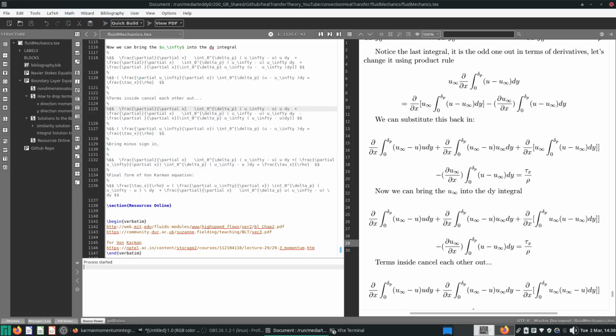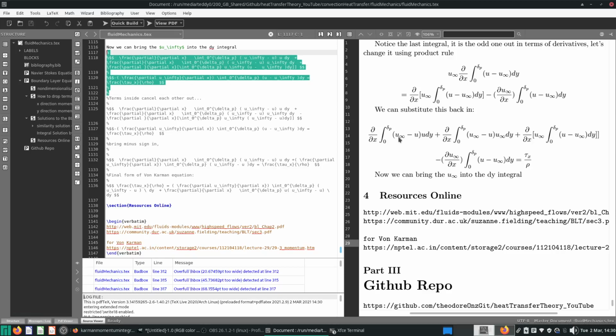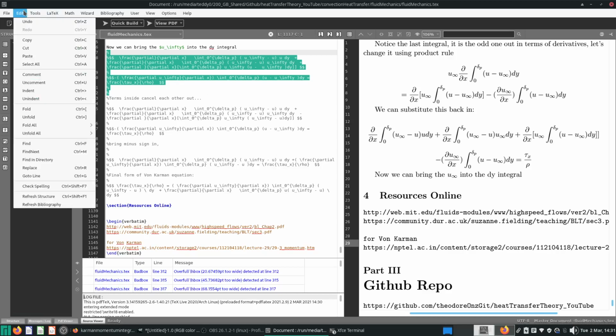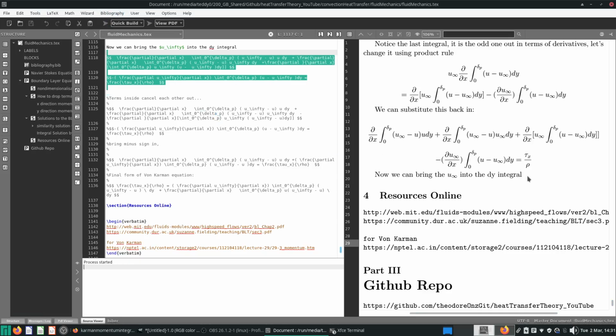Okay, this is an interesting method. We can bring u infinity into the integral. Okay, so this integral will be brought into u minus u infinity. This u infinity is brought into this integral, and after that let's see what comes out.